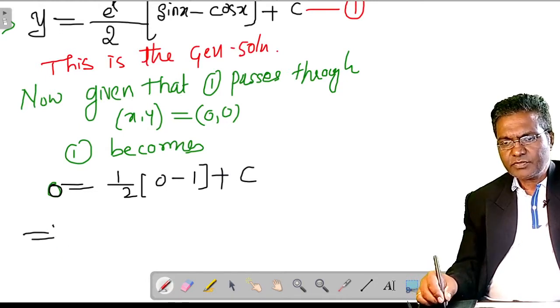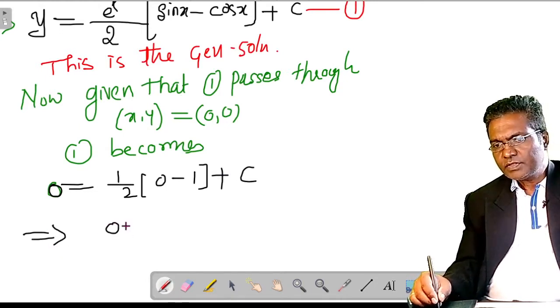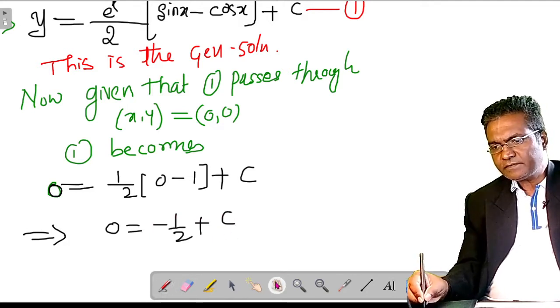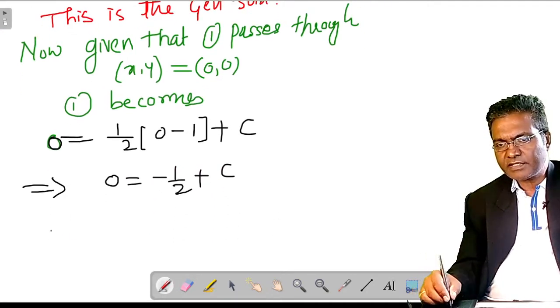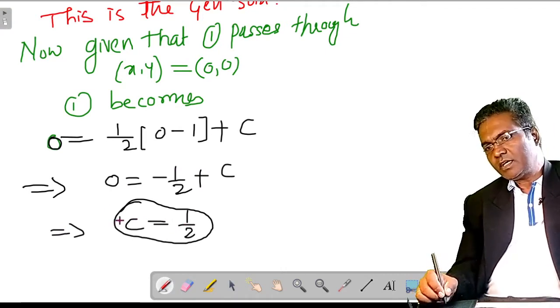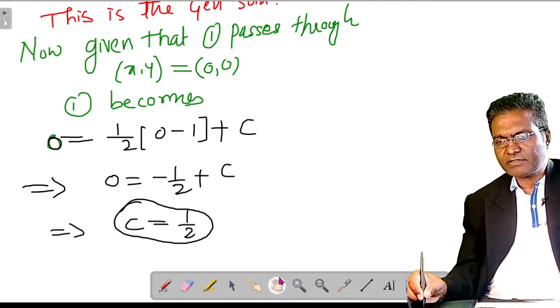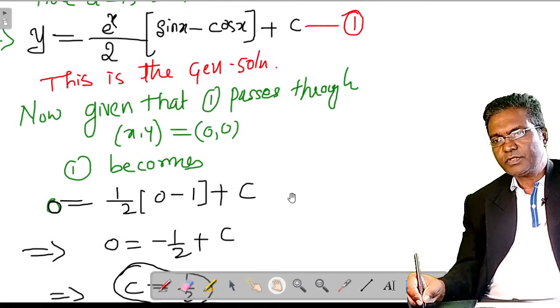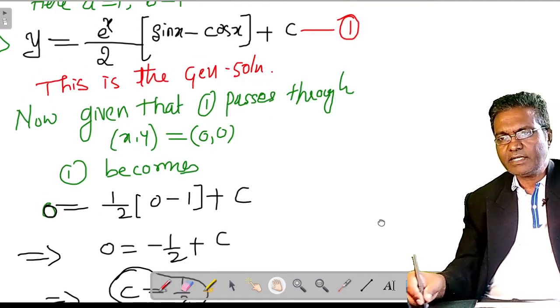So this gives you minus 1 by 2 plus c. So c is equal to 1 by 2. Now you have to substitute this in the general solution.